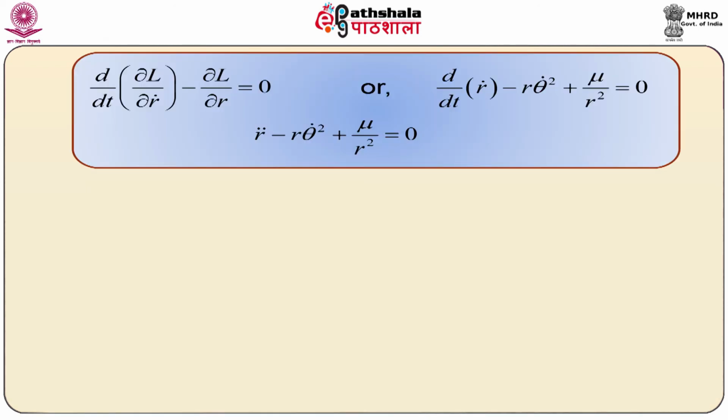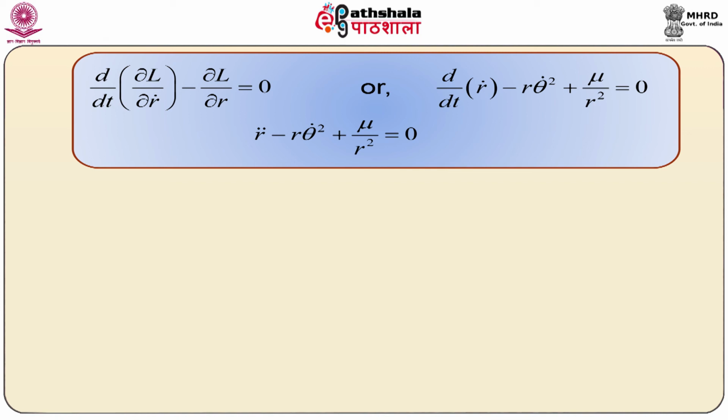First of all, consider the Lagrange's equation of motion corresponding to the first generalized coordinate, that is r, which is d/dt of del L del r dot minus del L del r equal to 0. Substituting del L del r dot and del L del r, we get this equation.